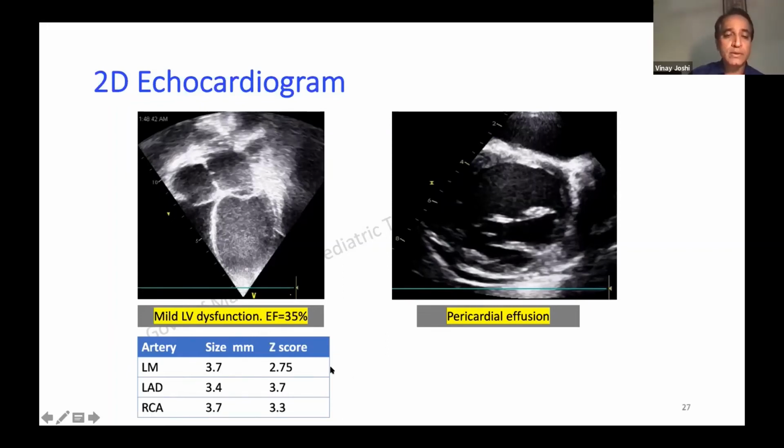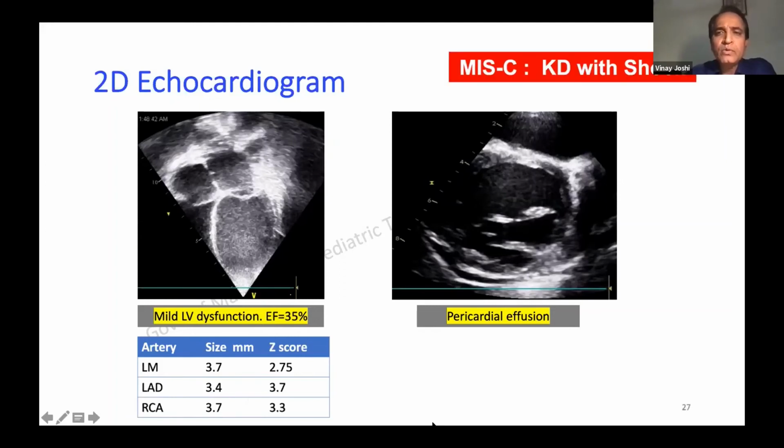All the Z scores were more than 2.5, and that is a significant dilatation or abnormality. So now we have confirmed, looking at the clinical features, the lab investigations and the 2D echo findings, that this child has multisystem inflammatory syndrome in children, and it's a KD with shock phenotype.